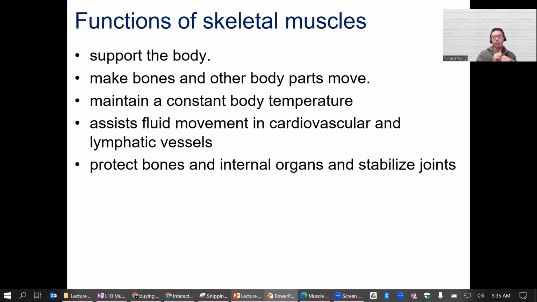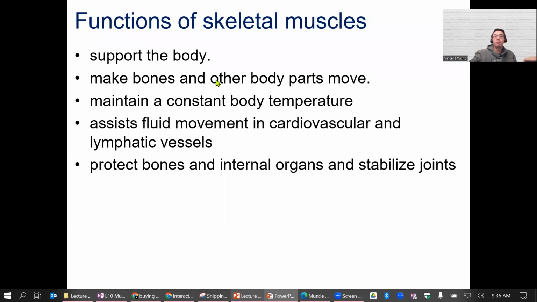You have no control over that. That's part of your autonomic nervous system. There are also the smooth muscles that surround your blood vessels, that surround your GI tract, peristalsis that propels your food forward. All those smooth muscles, you have no voluntary control over either. Okay, so we're going to be focusing on the skeletal muscle, right?